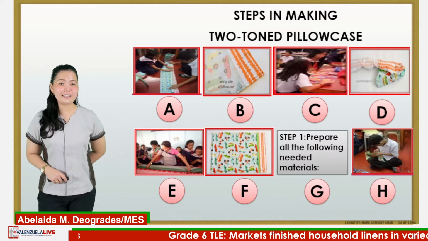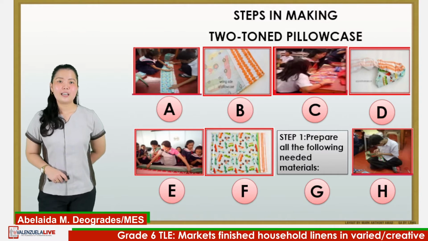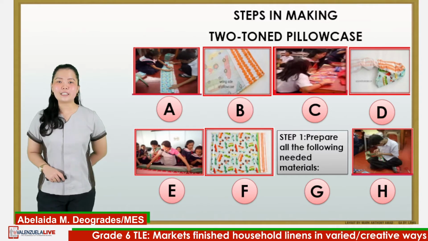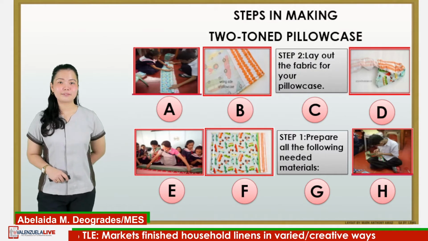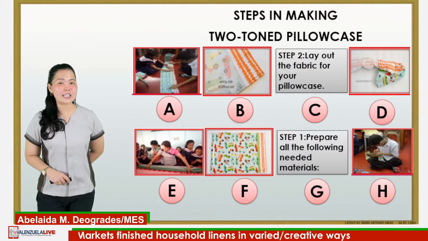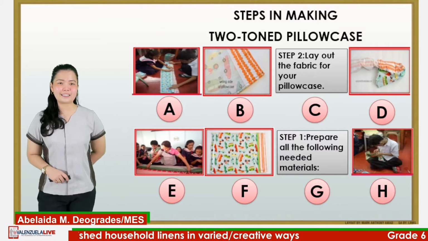For step 1, the answer is letter G. Prepare all the needed materials. Next, for step 2, if your answer is letter C, lay out the fabric for your pillowcase, you're correct.